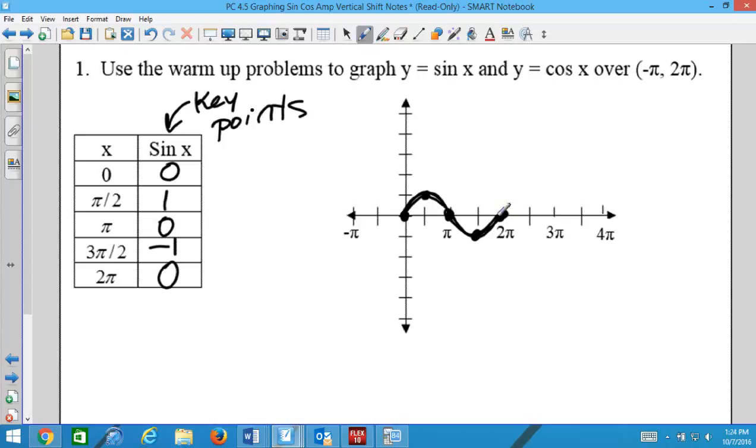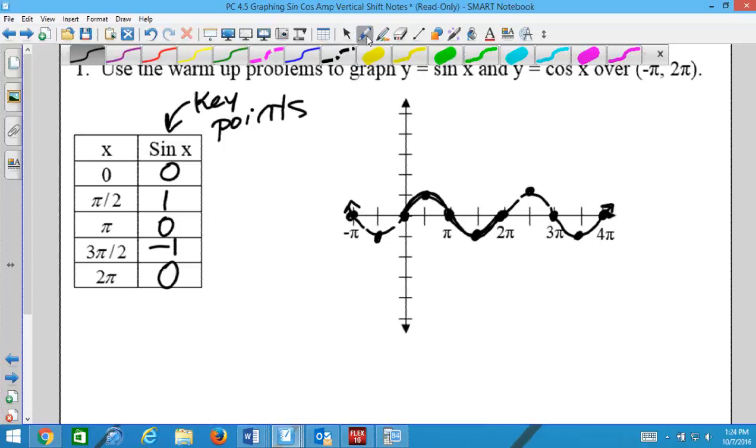I'm just going to repeat that pattern. So I'm going to go up again, center, down, center. I'm just going to repeat that pattern the other direction. We'll go down and then center. So I'm just repeating that pattern. So you're going to draw one period and then repeat the pattern.